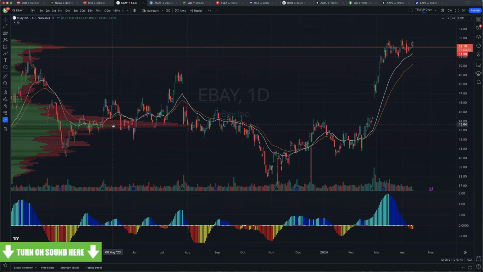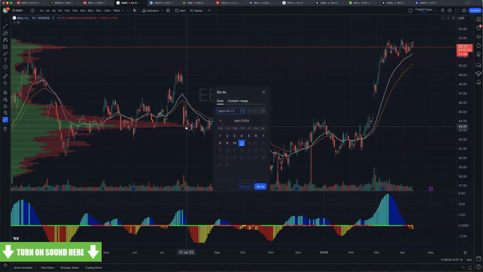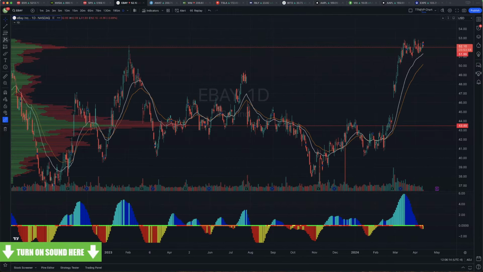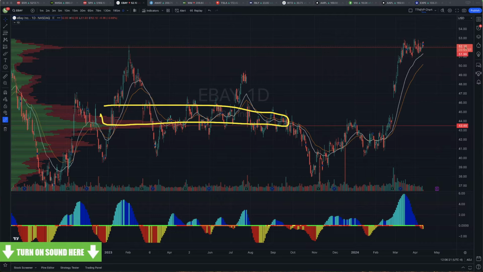When there's a large node like this that sticks out quite a ways, if we put a line there, and we know how to understand what that means, right? That means a lot of people have been trading, as you can see by the chart, in this area, right? So if price comes down to there, it's most likely going to find support in that area. Conversely, if we're trading below it and we're coming up to that area, it's probably going to find some resistance.